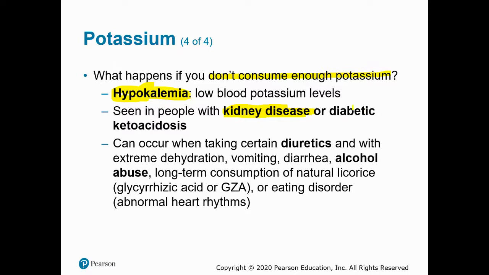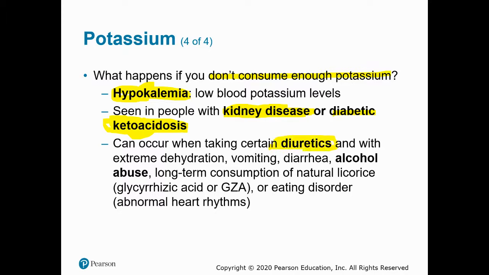We can also see this in diabetic ketoacidosis, where the diabetes has gone on so long without proper management or regulation that the body starts to break down fatty acids as an energy substrate, and we start to see this buildup of ketone bodies or ketoacids in the blood, which increase the acidity of the blood. This can result in hypokalemia, low blood potassium levels.